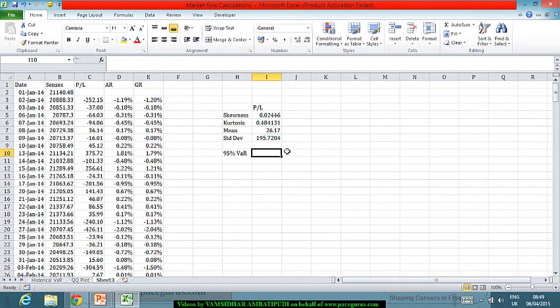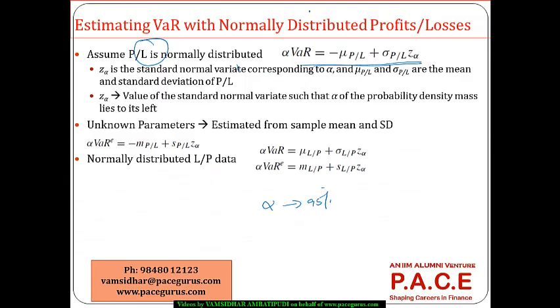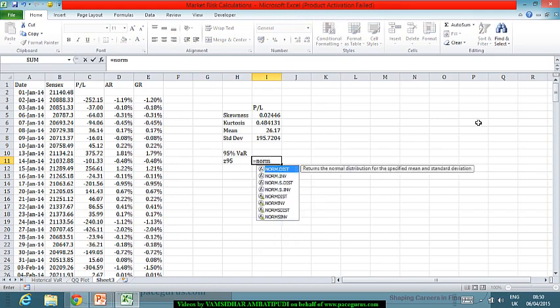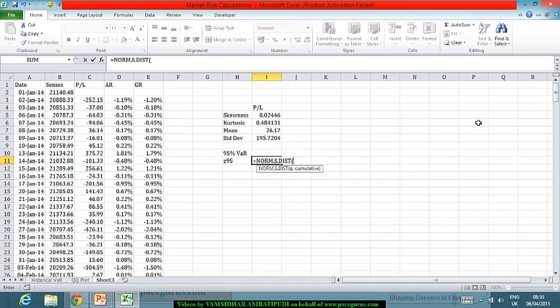What is this Z alpha? Z alpha is the standard normal variate corresponding to alpha, which is 95%. So Z95, I know it is 1.645, but if I really want to compute it, I can use the norm inverse corresponding to the 95th percentile.